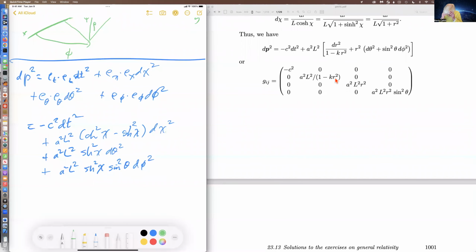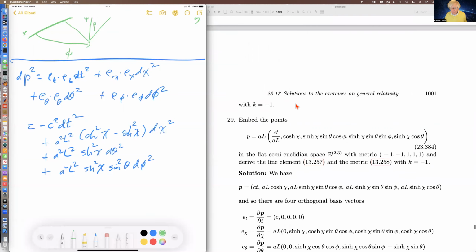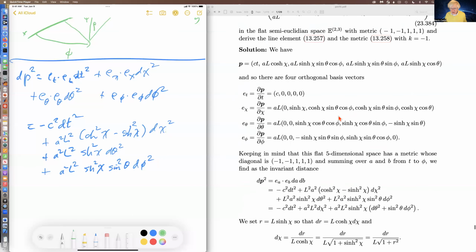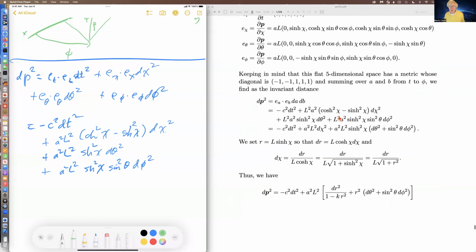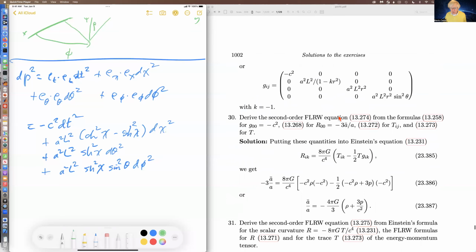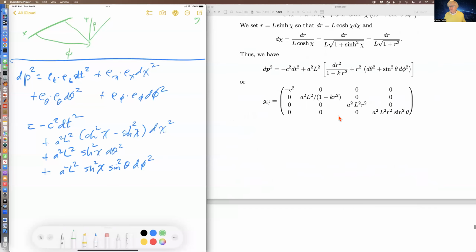I thought that when you embed the open universe in 5 space, you get 2 minus signs. Oh, here, I'm doing non-standard embeddings. That's what we've got here. That's why it's a little bit odd. All right, well, never mind.